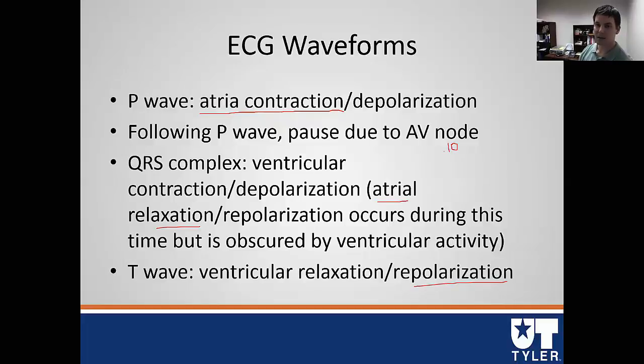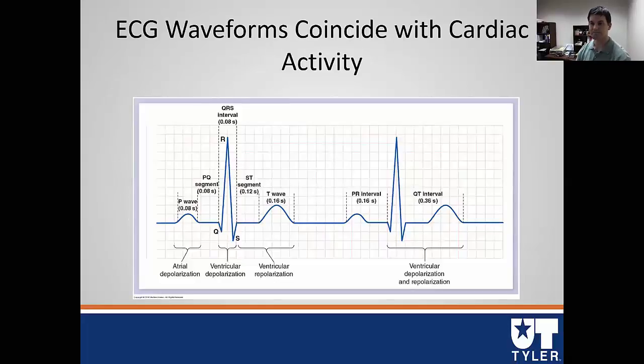So let's go ahead, jump out of the words and into a figure, which I like much better. Okay, so again, if we start out, here is your very normal EKG. So you have no electrical activity. What's happening here is the atria are filling with blood, filling blood into the ventricles. We then get a contraction of the atria.